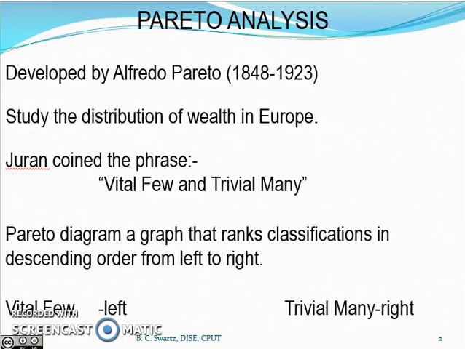If you fix 20% of the sources, the vital few, then you will get rid of most of the problems. The remaining problem sources are the trivial many, whereas there just are a vital few that give rise to most of the problems that you find in your area.